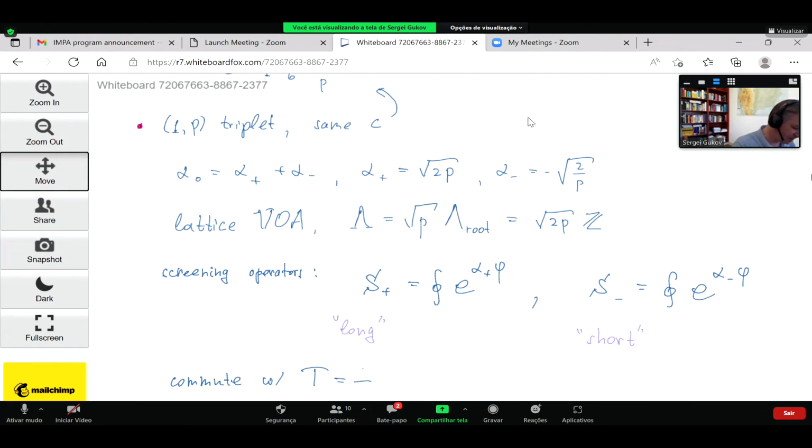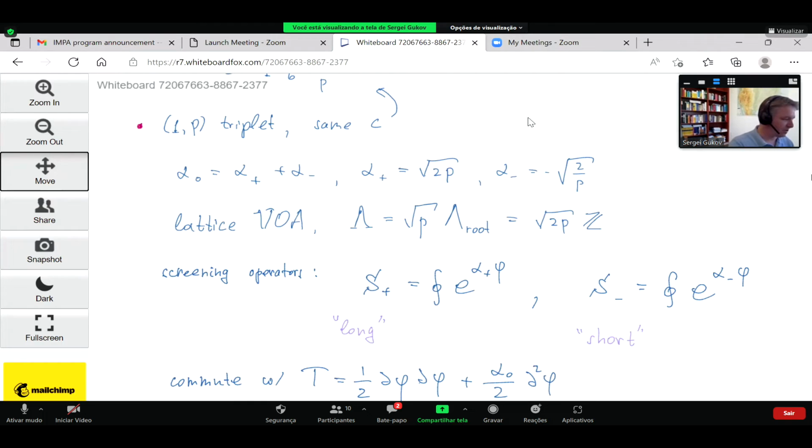It has the usual Sugawara type term for a single U1, so it's d phi squared, plus this alpha 0 that we introduced a moment ago divided by 2 times del squared phi.